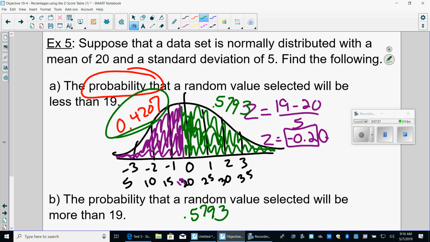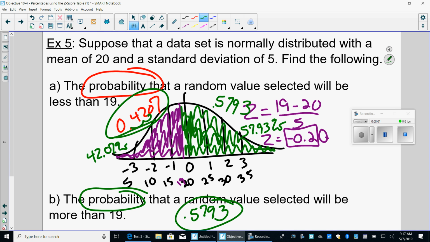If it makes more sense to you to make that a percentage and say this is 42.07%, and then subtract that from 100, that would be just fine. You would get 57.93%. But then, if the question says the probability, you have to move it back and make it 0.5793.